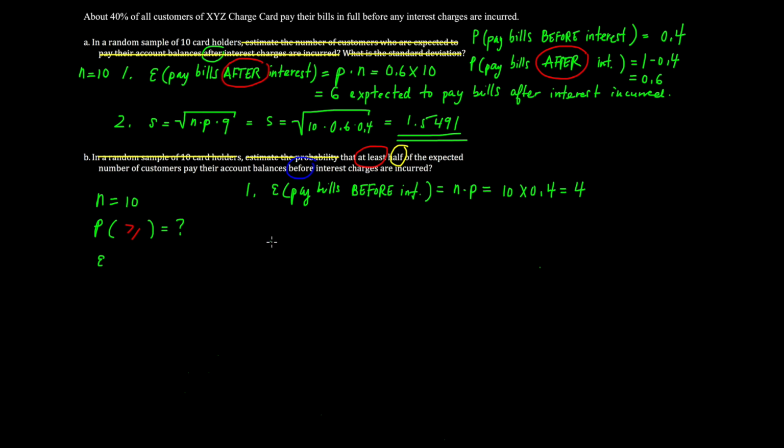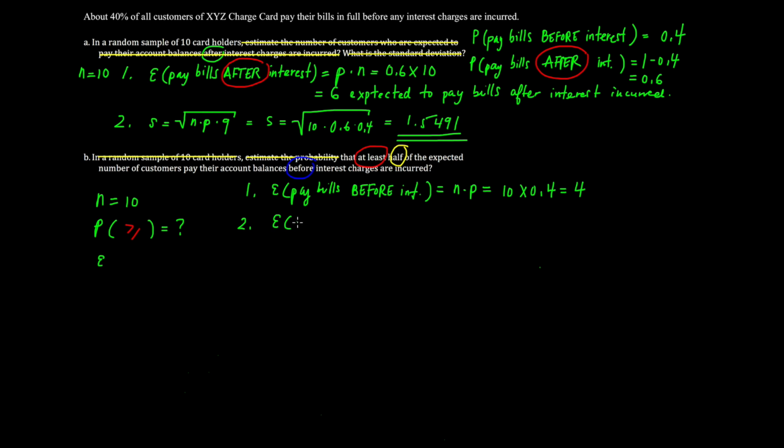So now that we have that, we want to know what is the probability that at least half, okay? So we want to know in the second part, what is the probability that at least half of these people that we found in part 1 will pay their accounts before interest charges are incurred, okay?